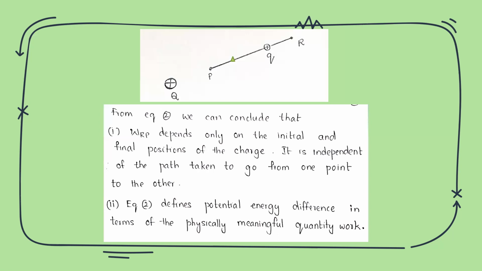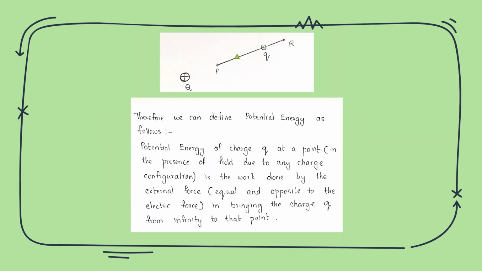Equation 2 defines potential energy difference in terms of the physically meaningful quantity work. That means, as I told you, the difference of potential energy is equal to the amount of work done. Therefore, we can define potential energy as follows.